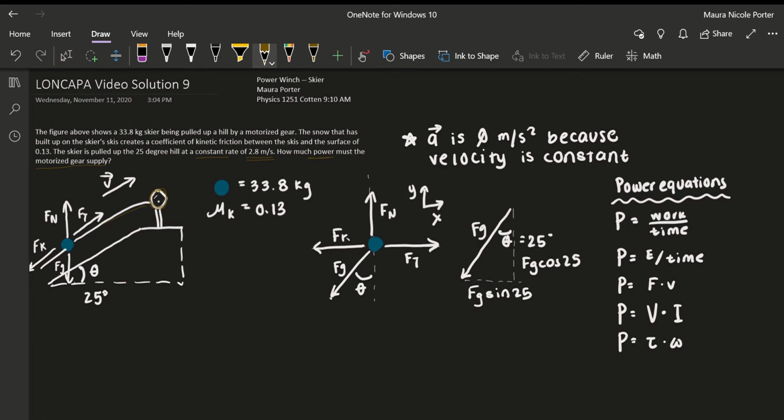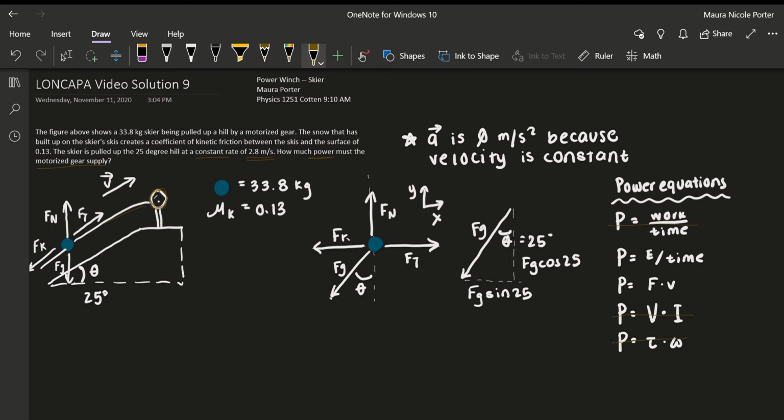We can kind of do process of elimination. We don't really use these down at the bottom very much, so I'm going to get rid of those. The next thing is work over time. We have the potential of finding work because we can find all the forces. However, we don't know the time, so we're going to get rid of this equation.